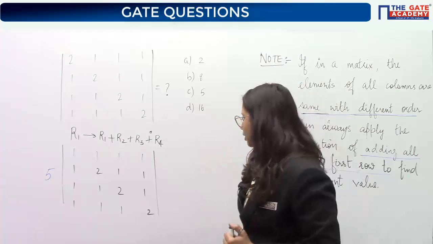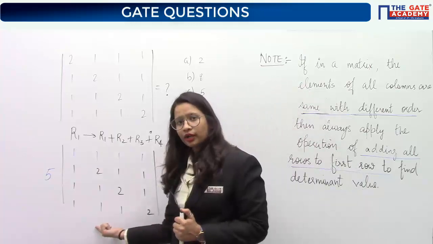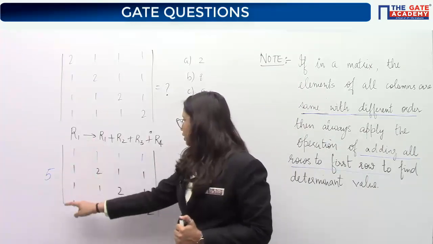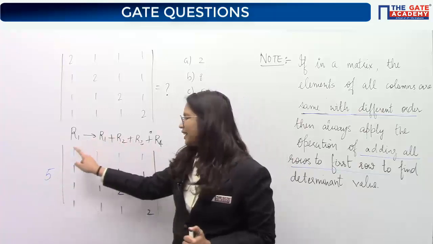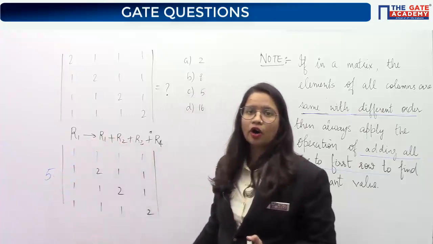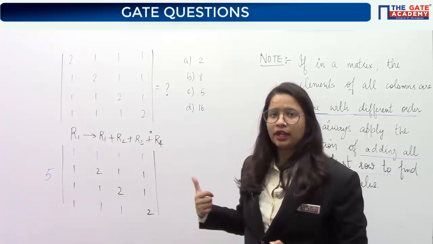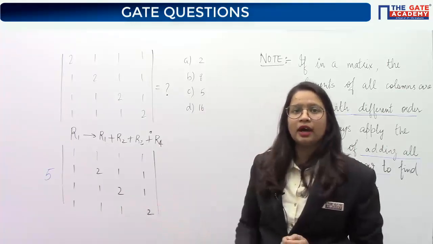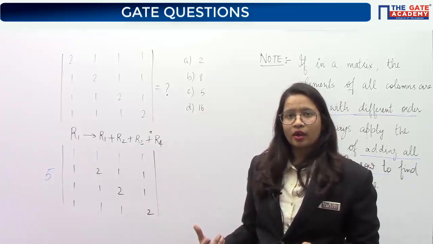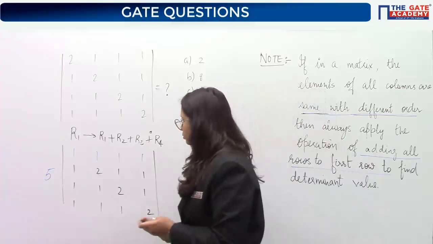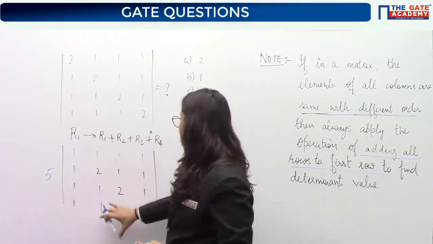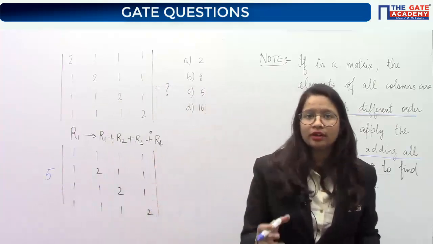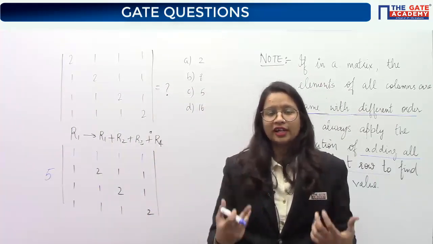Now, because I have arrived at this step, this is a determinant containing all numbers as integers. These are all integers. So can you tell me, will this determinant ever turn out to be a fractional number? Just forget about 5, but this determinant, will it ever turn out to be a fractional number?